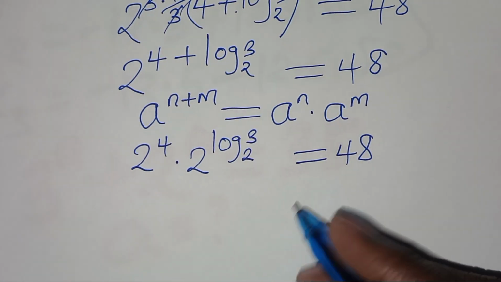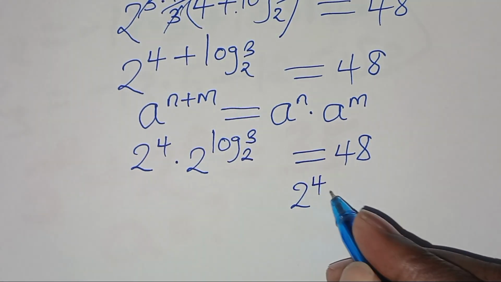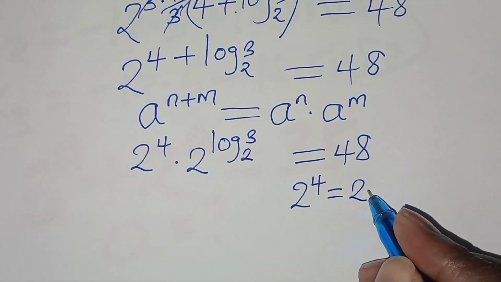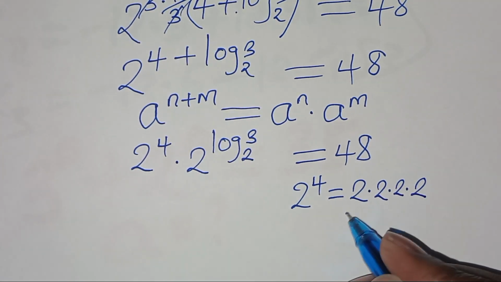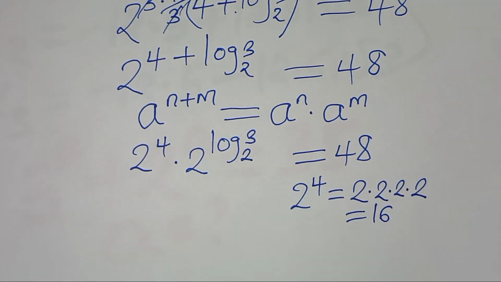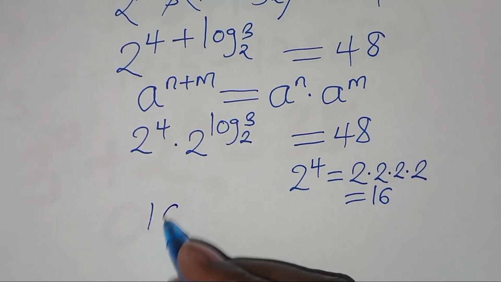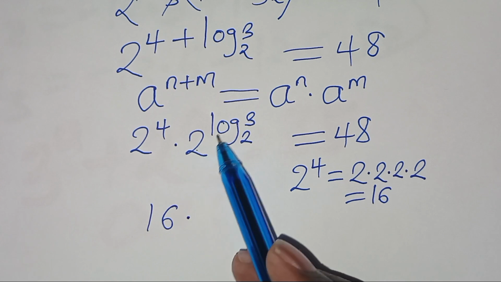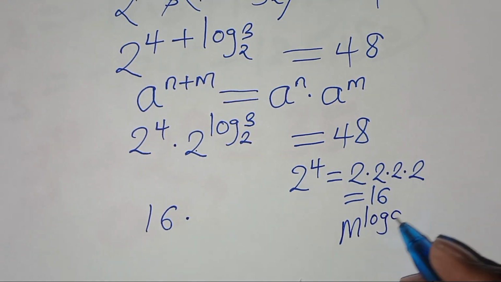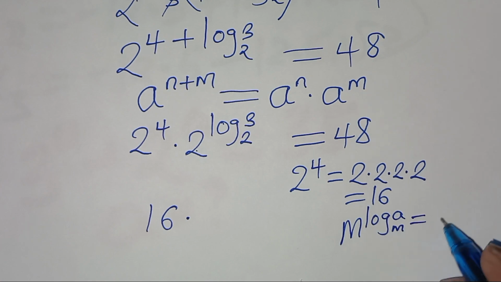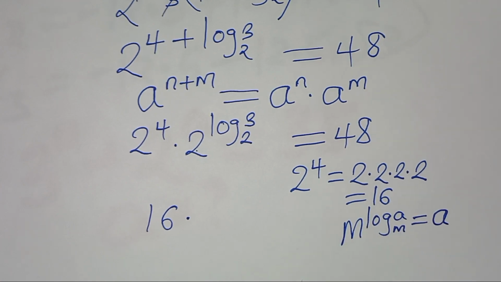The next step from here, 2 to the power 4 is the same thing as 2 times 2 times 2 times 2, and this is equal to 16. So here we have 16 multiplied by 2 to the power log 3 to base 2. This is in the form of m to the power log a to base m, which essentially is supposed to give us a value of a.